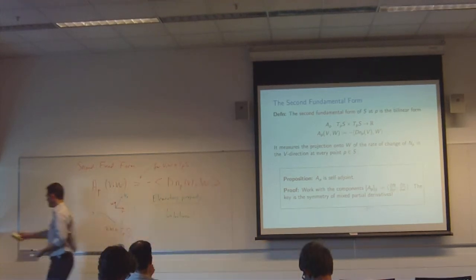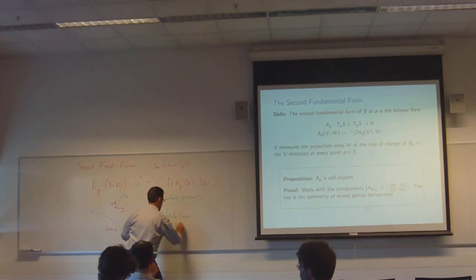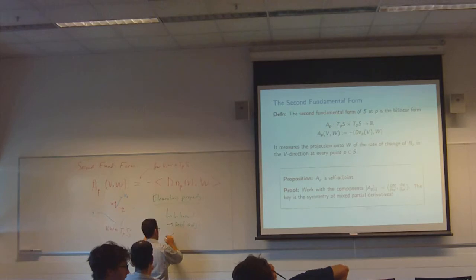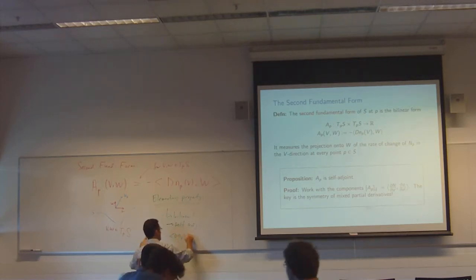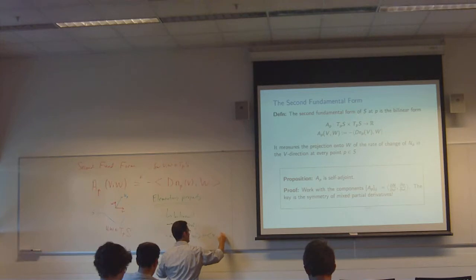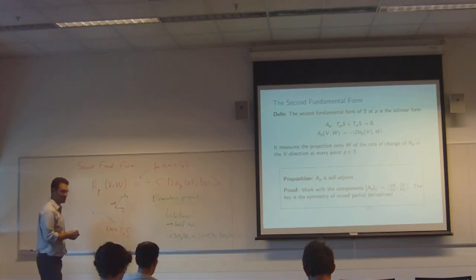So what does self-adjoint mean? Let me just remind you. It means that minus dN at p of V, W is equal to minus V, dN at p of W. So you can switch the order of V and W. It doesn't make a difference.